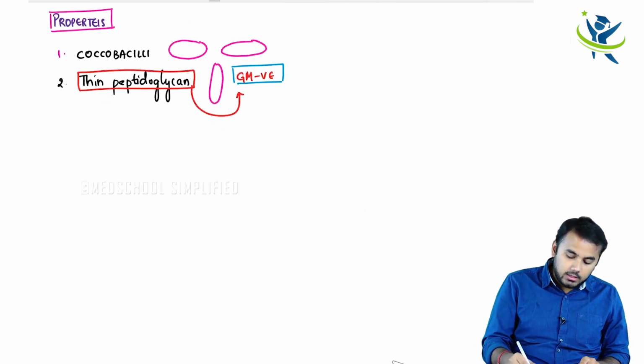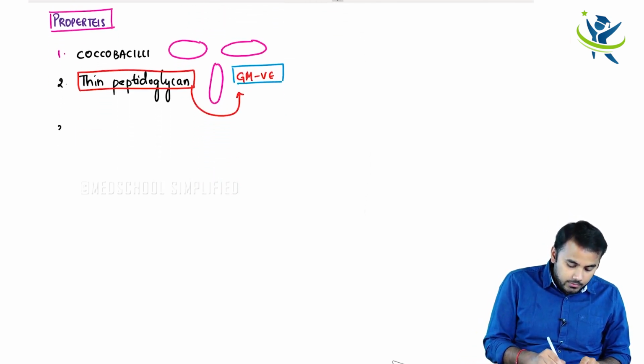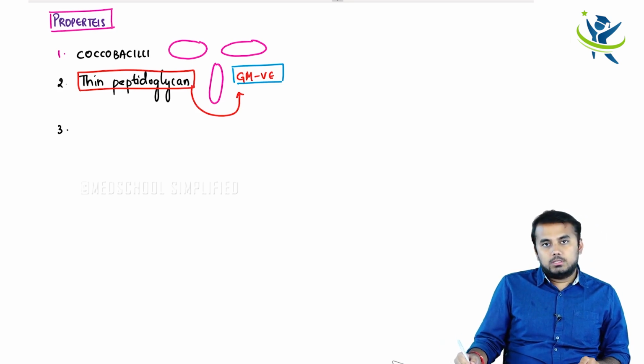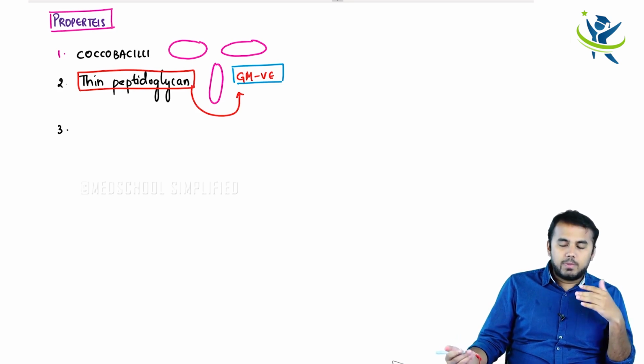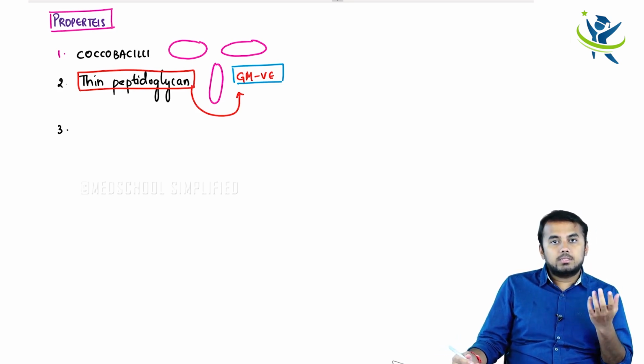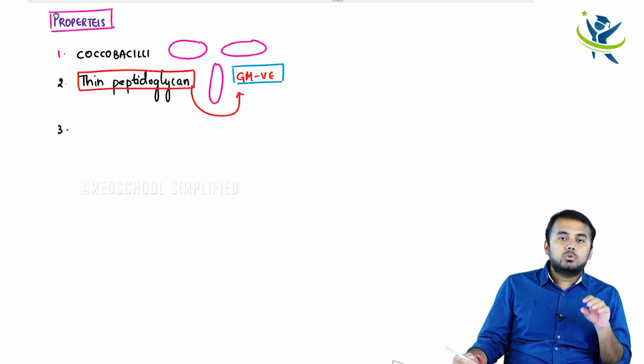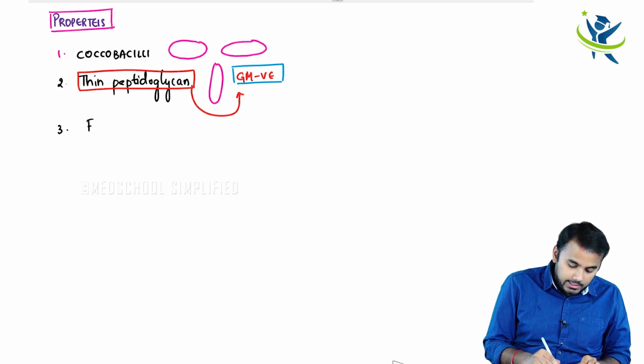The third important thing we have to discuss is what type of organism this is. This bacteria can live in the presence of oxygen, at the same time in the absence of oxygen. Such organisms which can live in the presence and in the absence are called facultative anaerobes.